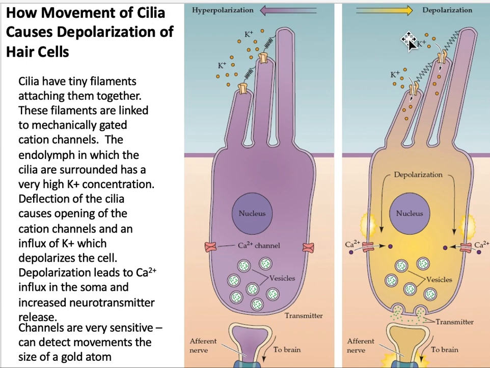And so what happens is that as the tectorial membrane slides to the right with respect to the basilar membrane, that pushes these cilia over, opens the potassium channels, causes a change in the membrane potential. When the basilar membrane deflects up, the hair cells tend to bend to the left, these close. So now as it goes back and forth, we're going to have ion flux versus no ion flux.